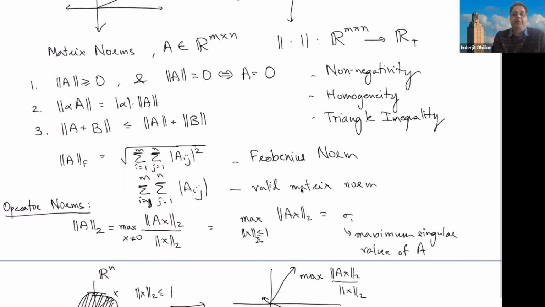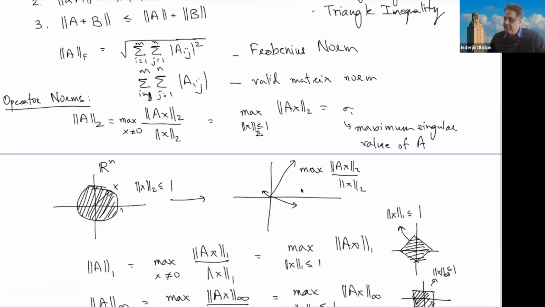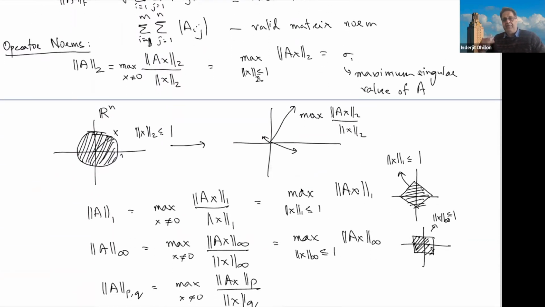But then we saw that matrices have other kinds of norms, which are called operator norms, right? If you think of them as linear transformations, then you can look at how much they change the size of vectors from the domain to the range.